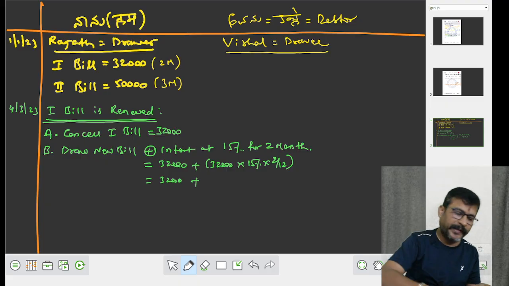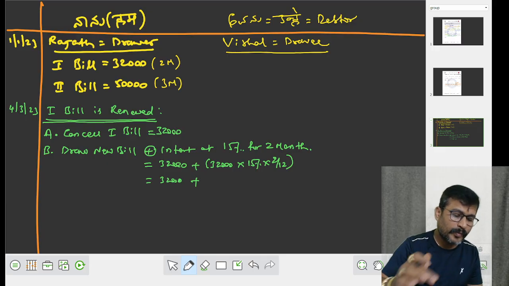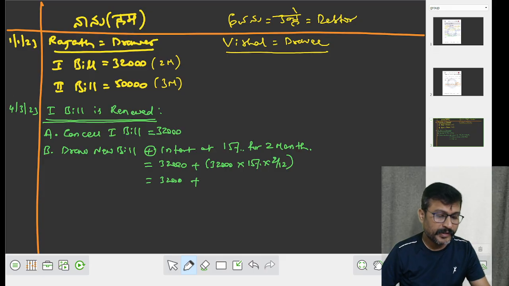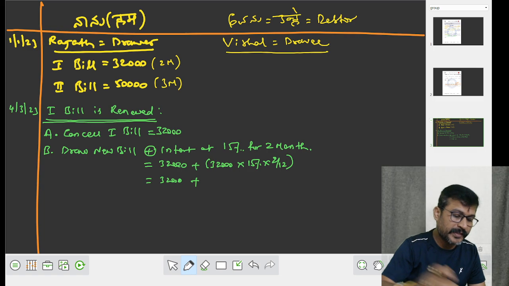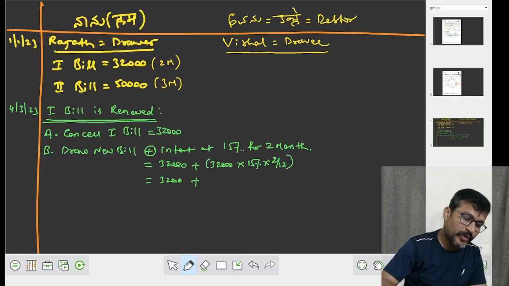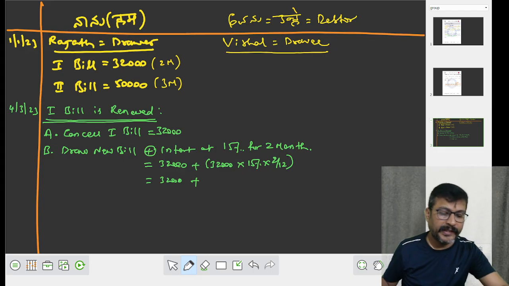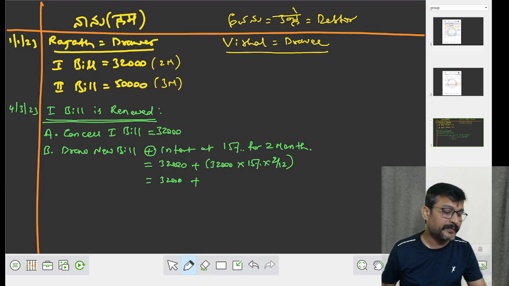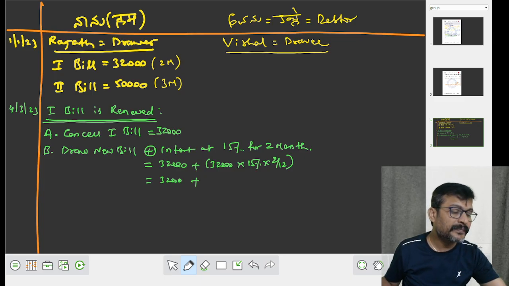Take the calculator, my dear students, and work out how much you get. 32,000 into 15% into 2 divided by 12 comes to rupees 800.